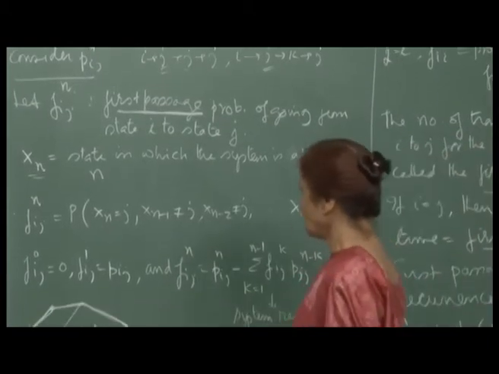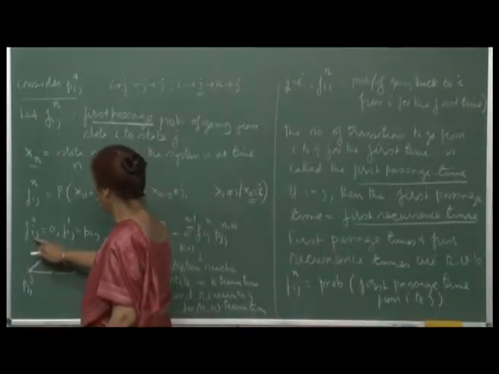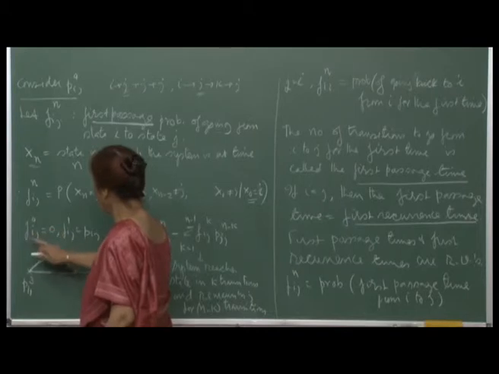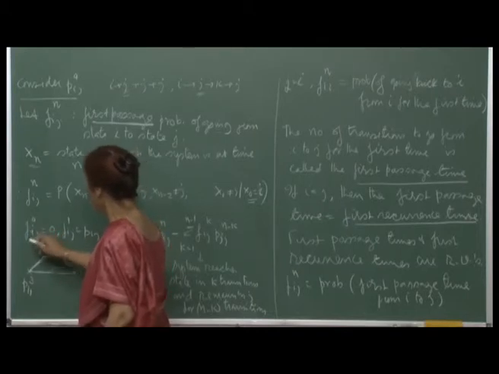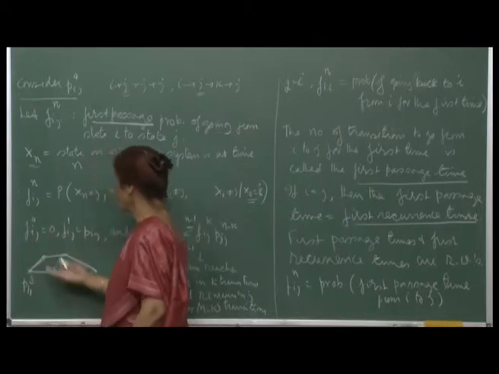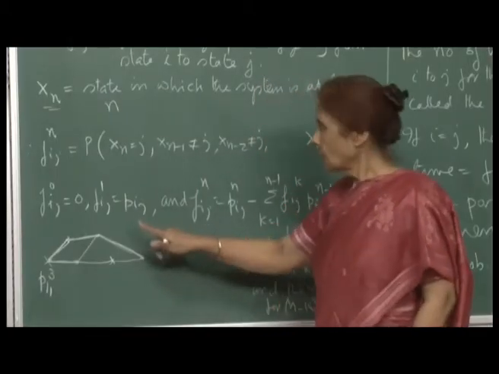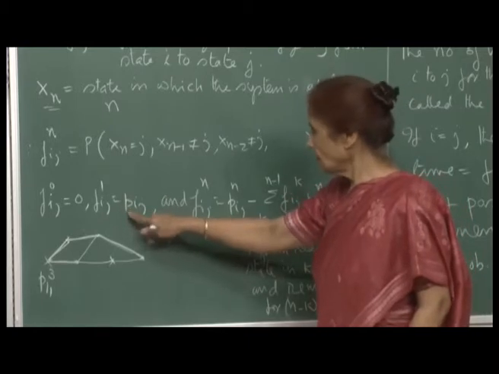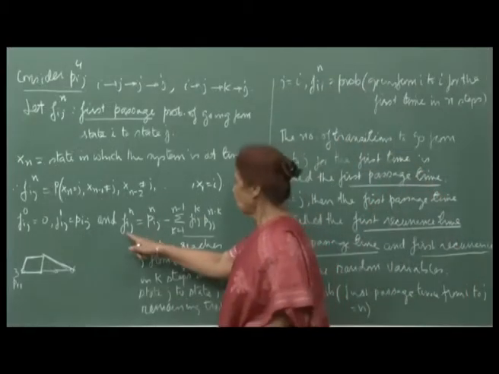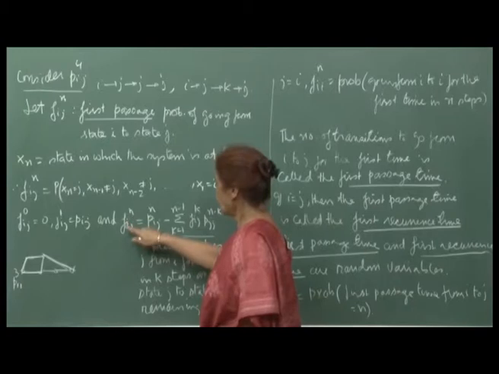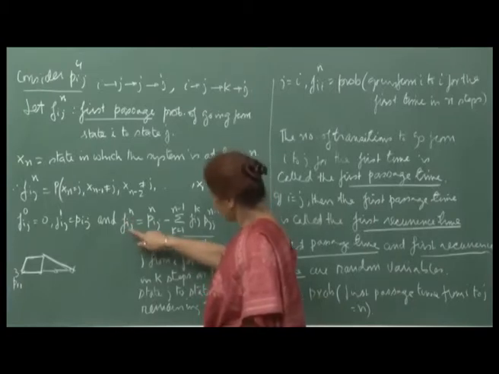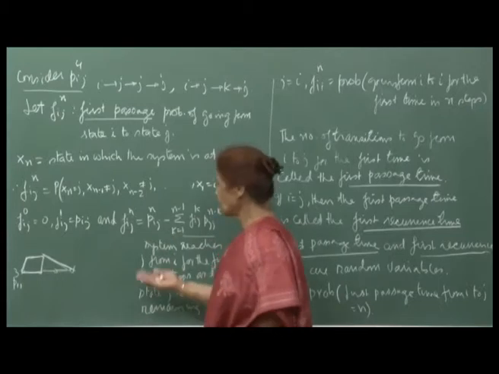So, if you look at f I j 0, then f I j 0 is 0, because you can't transition. Then f I j 1 will be simply p I j. So, now we want to compute f I j n, that is probability of going from I to j for the first time in n steps, n transitions.